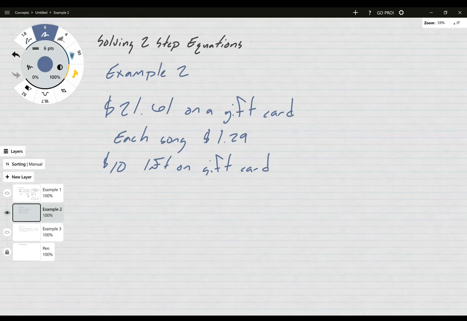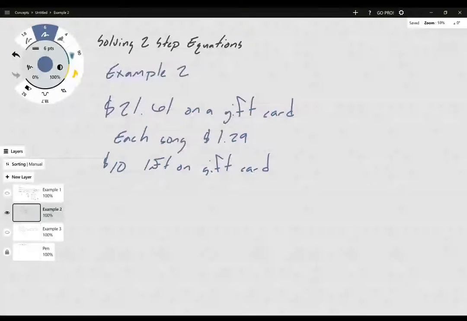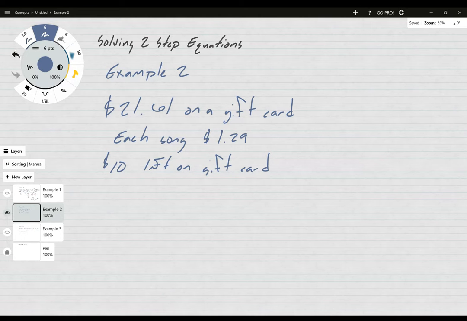It has $21.61 on it. We know that each song costs $1.29, but he wants to make sure that there's $10 left on the card. So we're going to be able to write and solve a two-step equation, and we're going to use the variable d to represent the number of songs purchased.